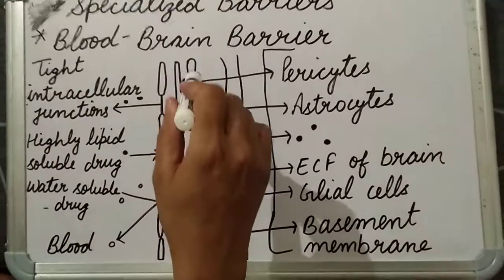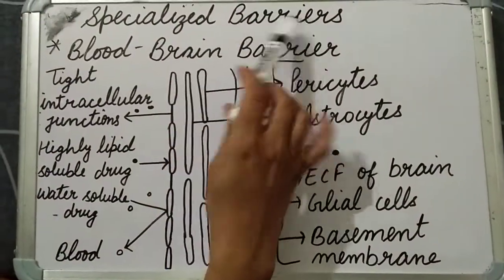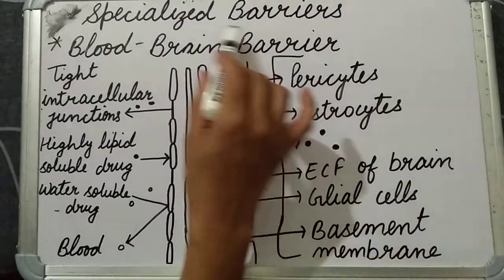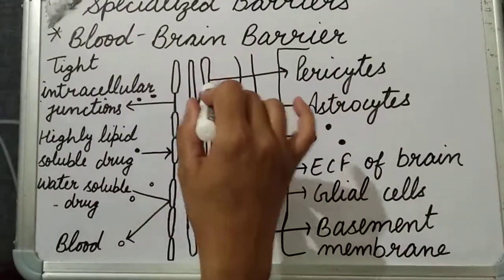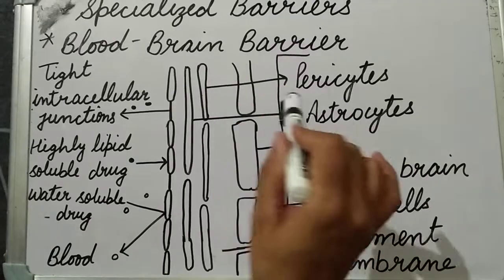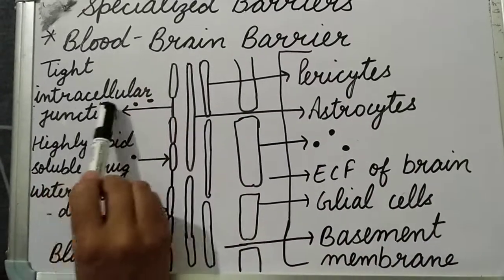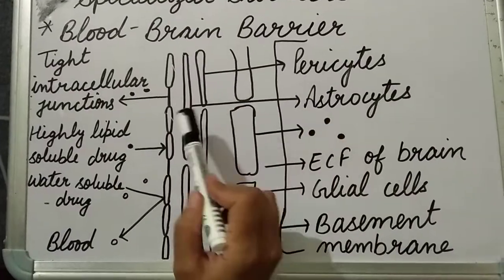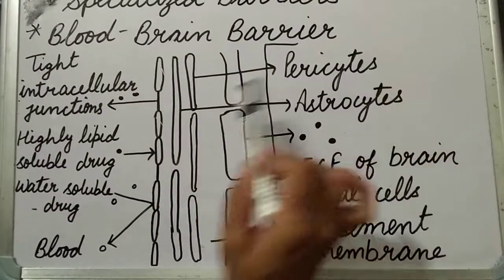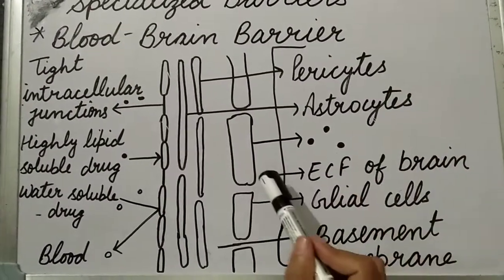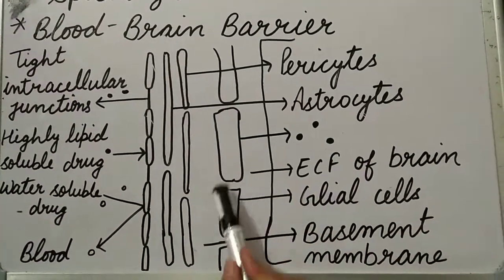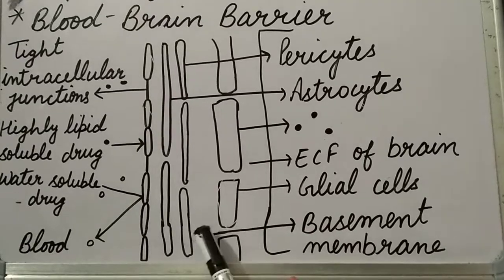This is an example of specialized barrier. For example, blood-brain barrier. This whole diagram represents blood-brain barrier. Blood-brain barrier is composed of various tight intracellular junctions between the cells, and these are known as pericytes, astrocytes, and extracellular fluid of the brain is present here. And these are various glial cells and the basement membrane.